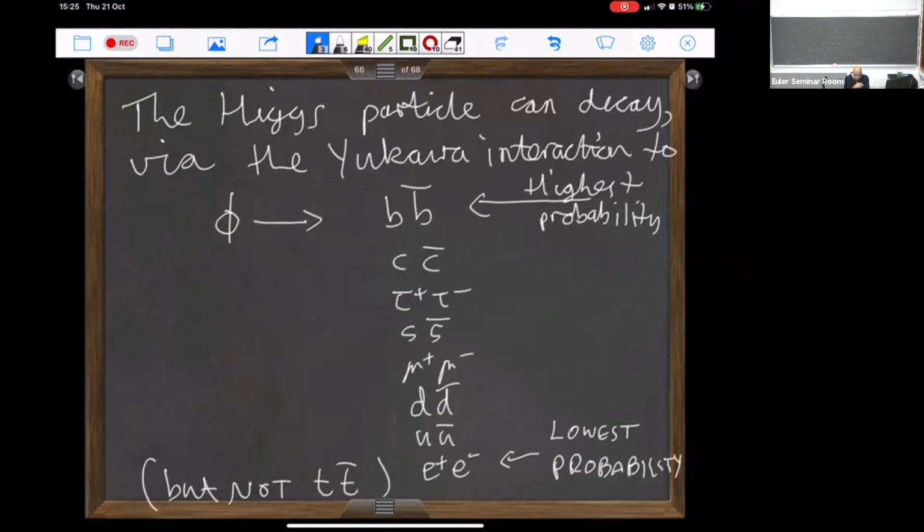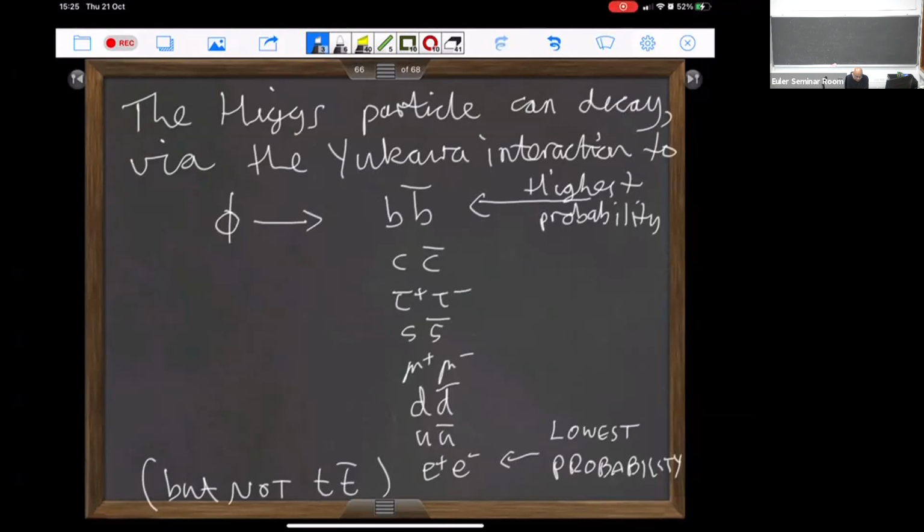So we'll end the course with some real physics. Because of these Yukawa interactions, which are all of the form phi times fermion field bar times fermion field, the Higgs can decay to most of the light fermions in pairs.